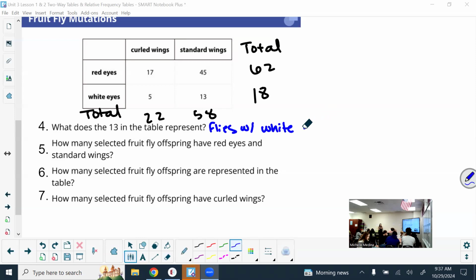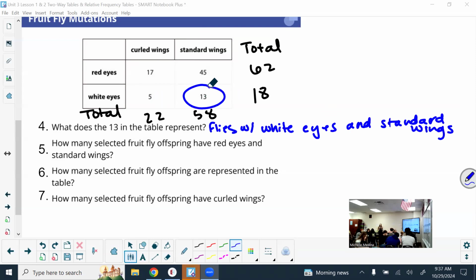If your sentence doesn't mention both the white eyes and standard wings, then it's technically incorrect. We learned yesterday that in these two-way tables, every single box has 2 headings attached to it. So make sure whatever it is that it mentions both. So the one with white eyes and standard wings at the same time.